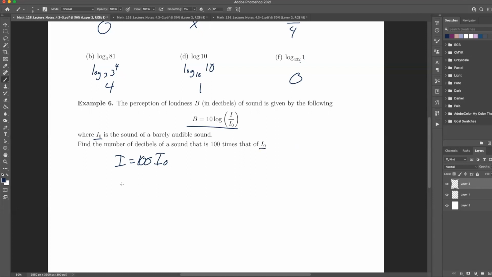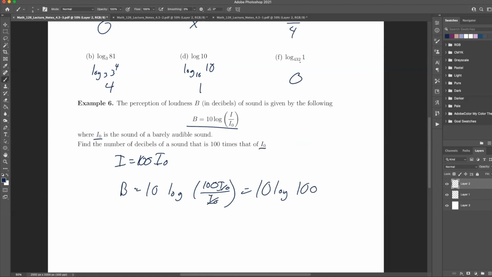Here, I'm going to let B equal 10 times the log of 100 I naught over I naught. Well, here I can just cancel this, and so this is equal to 10 times the log of 100.